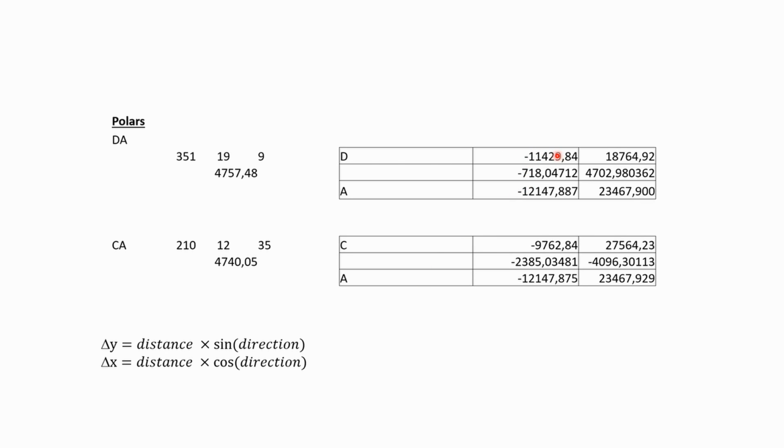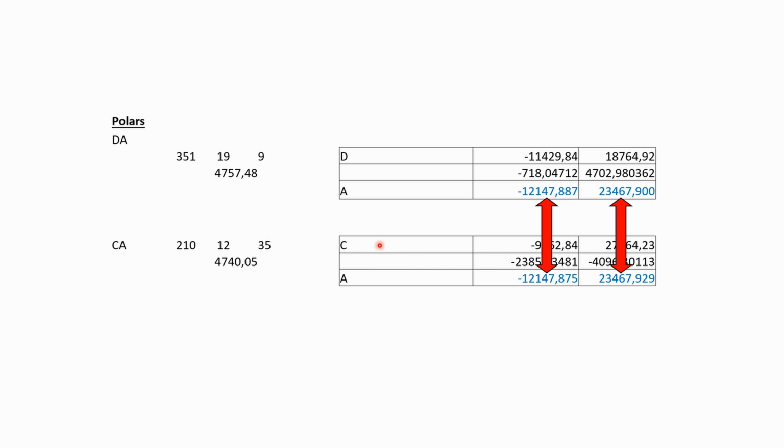From there we simply add the delta Y and delta X values to our coordinates to give us the coordinates for A. We do the same over here: C's Y coordinate plus delta Y gives us A's Y coordinate, and C's X coordinate plus delta X gives us A's X coordinate. These values should be very similar because they are coordinates for A. You'll see they are similar, just the decimal values will differ a little due to calculation errors, or because the full saved values were not used, but that is pretty much correct.